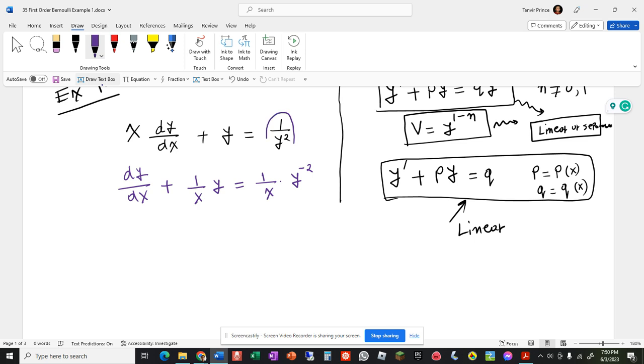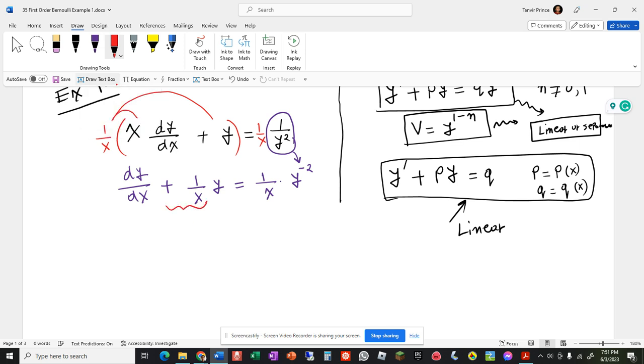See, this 1 over y square I write as y to the power negative 2. And remember, I am dividing both sides by x, or you can think I'm multiplying both sides by 1 over x. And when you distribute that, you will end up with this. And you can see this is actually Bernoulli.